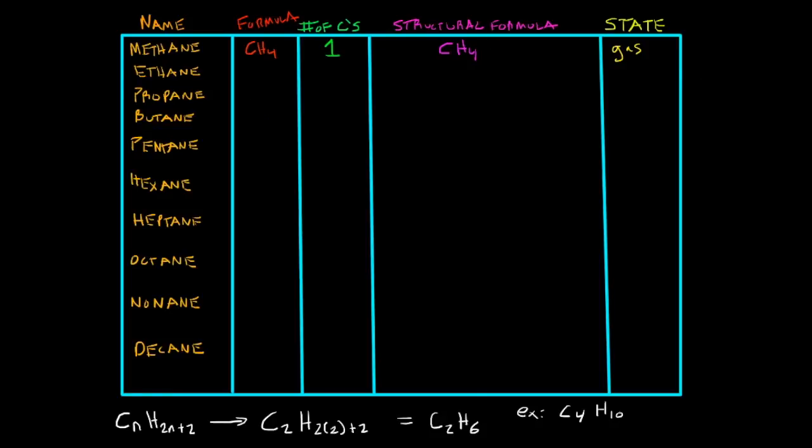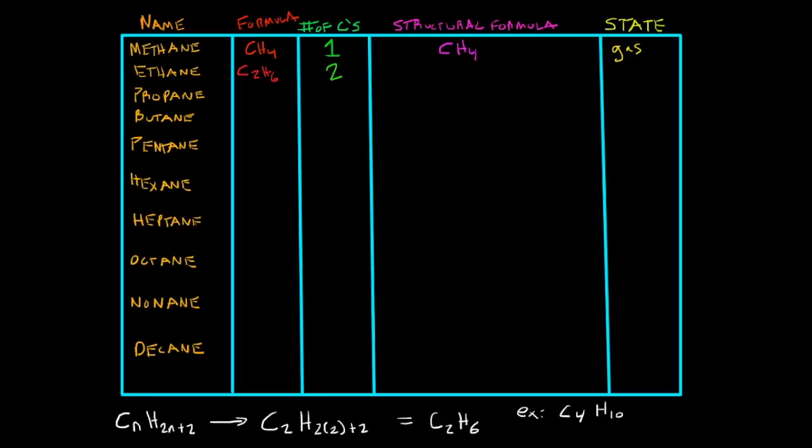Next we're going to do ethane. Ethane has the formula C2H6, so that's like our example right here. The number of carbons it has is 2, obviously, so it's pretty easy to figure that out.